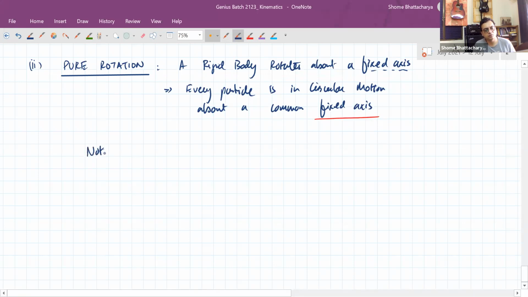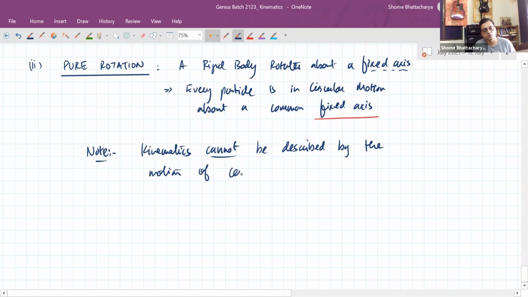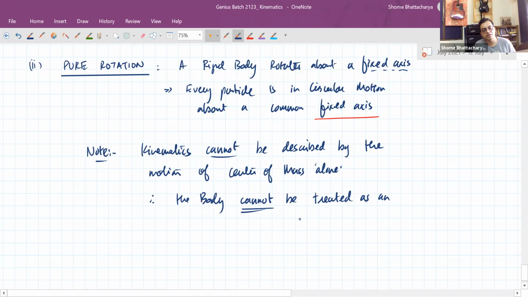So here the kinematics cannot be described by the motion of its center of mass alone. Therefore, the body cannot be treated as an equivalent particle.